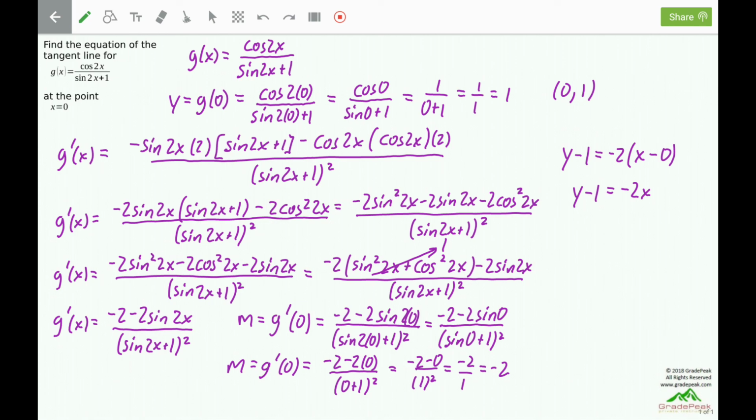We want to solve for y. That's called the slope-intercept form, and that's the way that we will always find the equation of the tangent line written. I'm going to find that by adding 1 to both sides. And it looks like I'm getting my equation of my tangent line for the function g of x at the point x equals 0 to be y equals negative 2x plus 1.